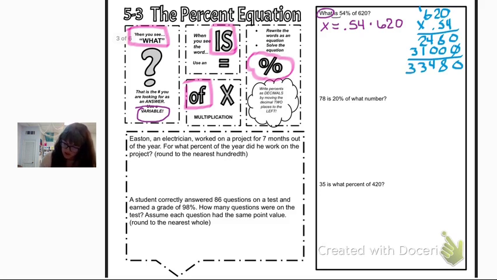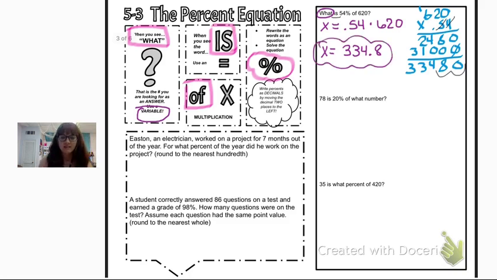In the problem, we have 2 digits after the decimal. So our answer is 334 and 8/10. So 54% of 620 is 334 and 8/10.